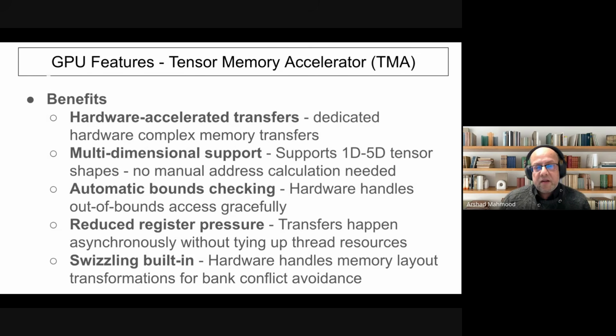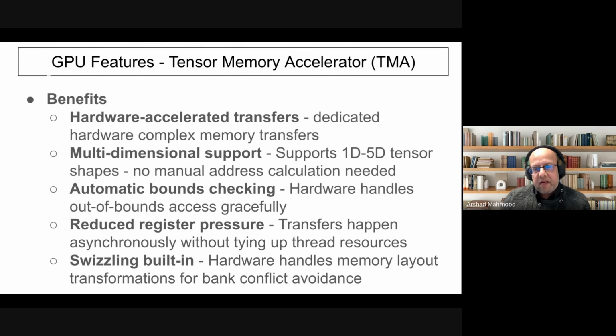Essentially, you set up a descriptor which tells the hardware unit that is going to do the copying what the shape of your data in global memory is, where you want the data to be copied, and what swizzling operation you want to apply, which we just talked about a minute ago. So this is the bit that will do that for you.